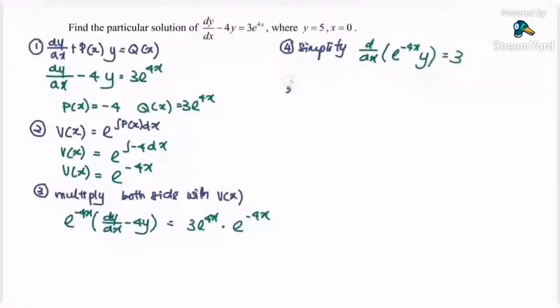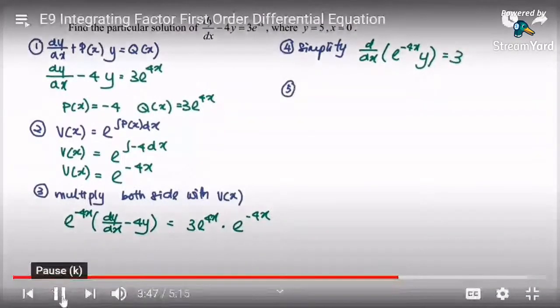Step number 5, integrate both sides with respect to x. So di sini simplify. Ini adalah format yang dah sedia ada, iaitu d dx kurungan ini mesti vx. Maksudnya you dapat apa di sini, substitute. Di sini mesti y. Kemudian di sebelah kanan anda perlu rujuk yang inilah untuk ringkaskan situasi yang diberi. So akhirnya ini bentuk yang you dapat.